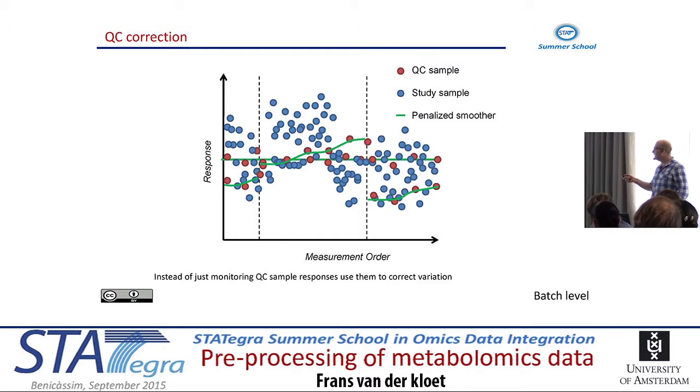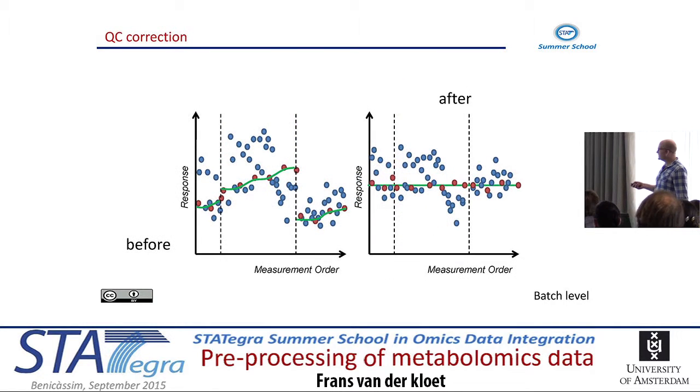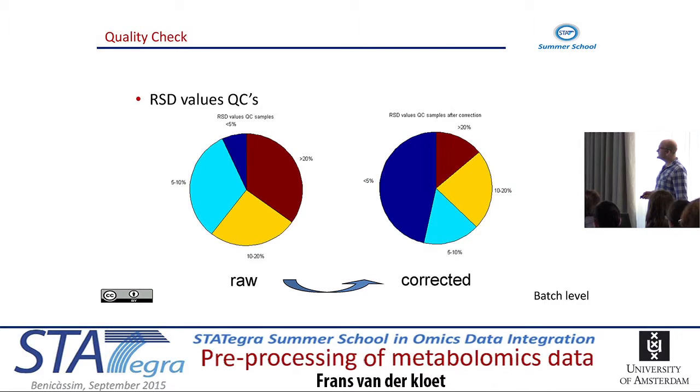Now every sample for this metabolite has been adjusted accordingly, and I have corrected for my analytical variation over time, or degradation effects, or things that I could not specify earlier. So this is before, this is after. One way to check is the RSD values of my quality control samples.